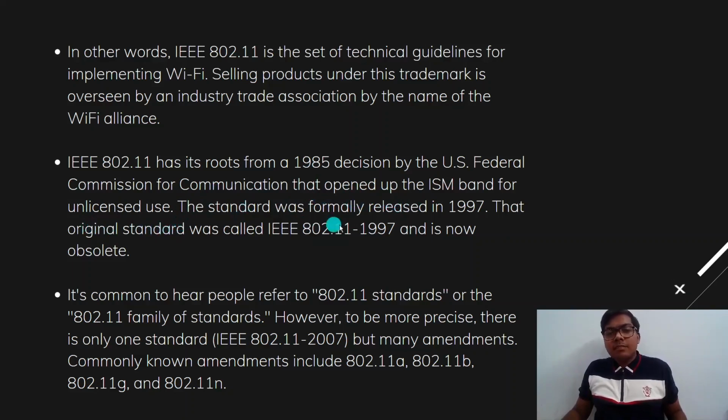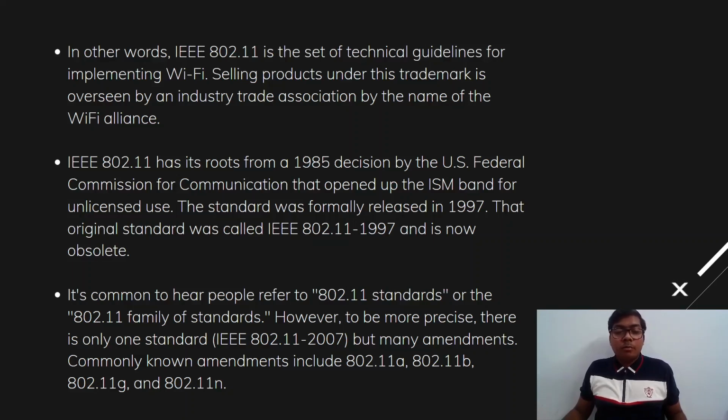The standard was formally released in 1997. That original standard was called IEEE 802.11-1997 and is now obsolete. It's common to hear people referring to 802.11 standards or the 802.11 family of standards.